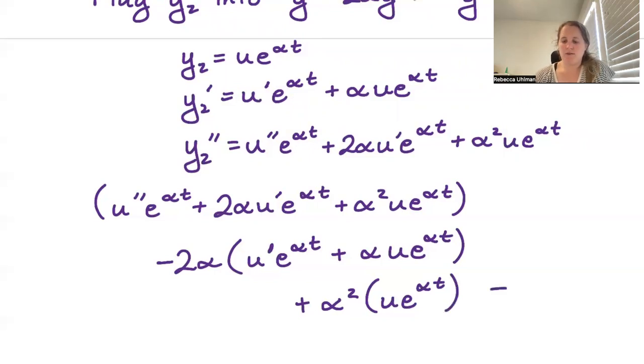This all has to be equal to 0 based off of our differential equation.